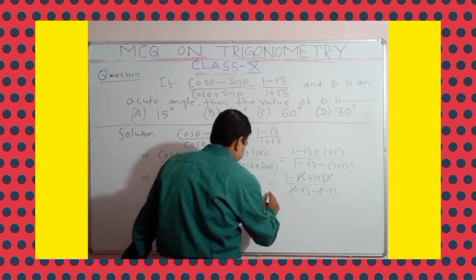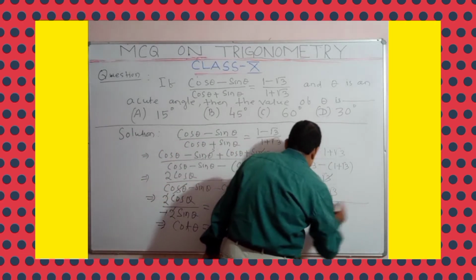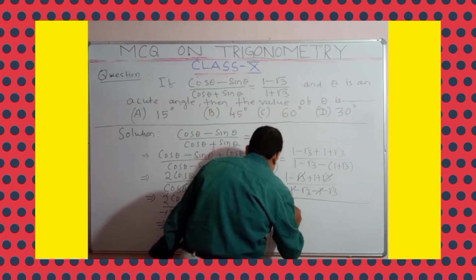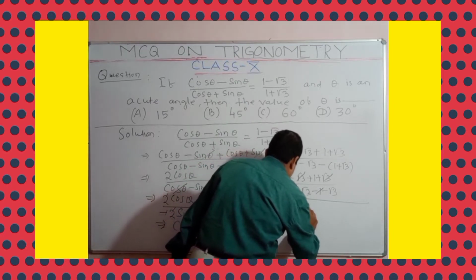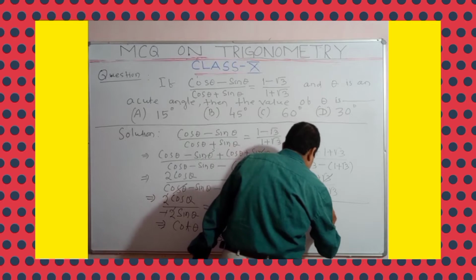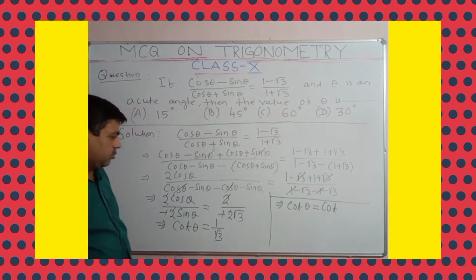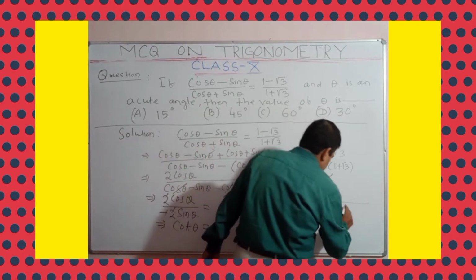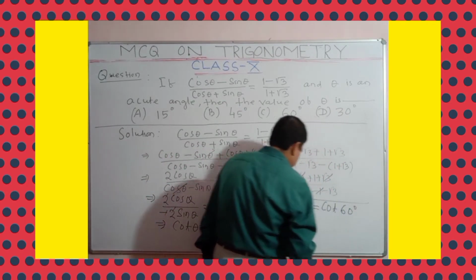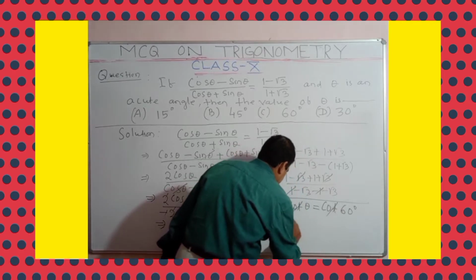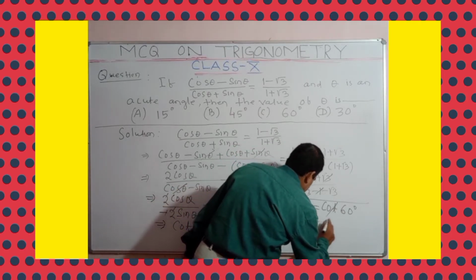Understand? So that implies cot theta is equal to 1 by root 3. We know it is cot 60 degree. So cot will be cancelled, so theta is equal to 60 degree.